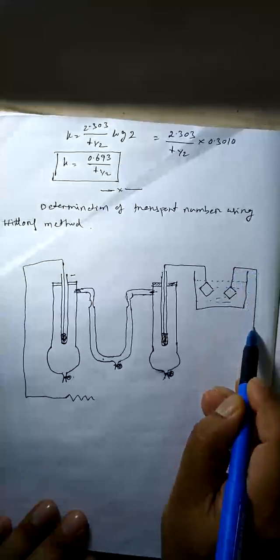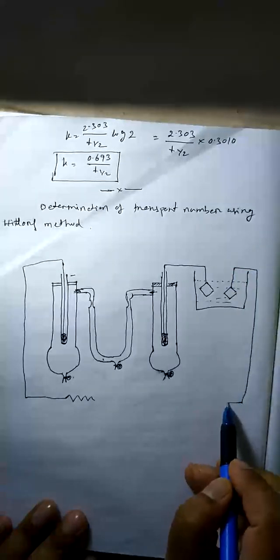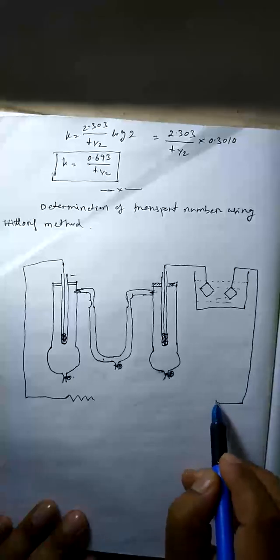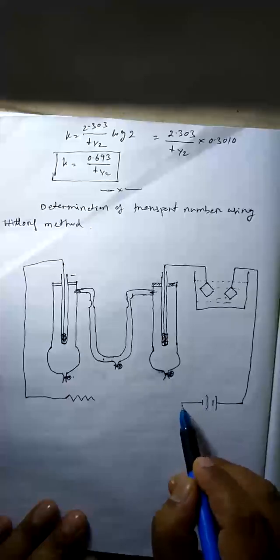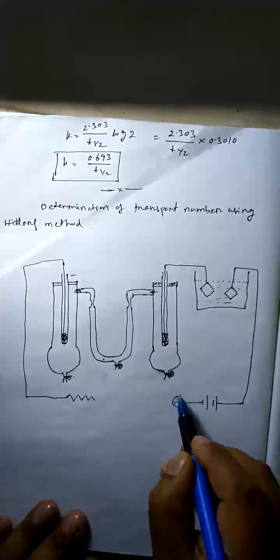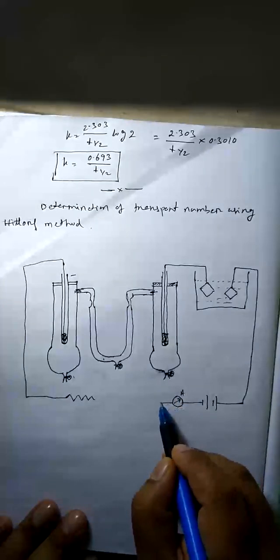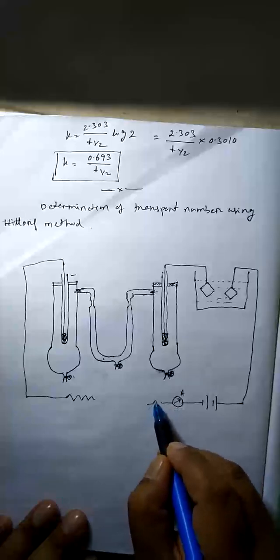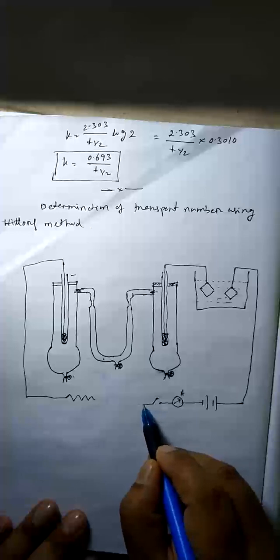Then this is connected with a battery from which we pass electric current. Then it is connected with an ammeter, from which we can measure the current we pass. Then this is connected with a switch which you turn on and off.